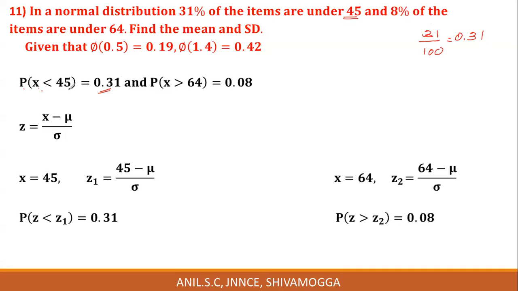And the probability of any item to be under 64 is 8%. 8% means 8 divided by 100, that is 0.08. P when x is less than 45 is 0.31. P when x is greater than 64 is 0.08.